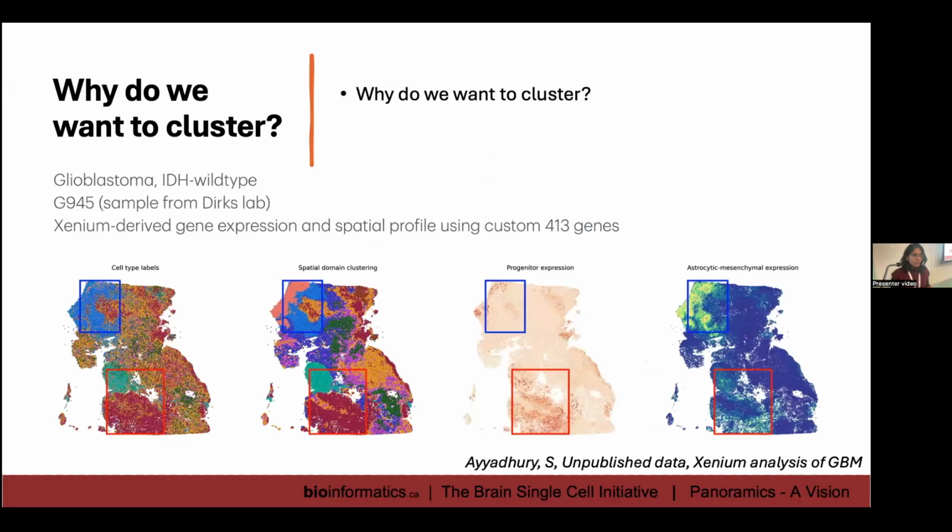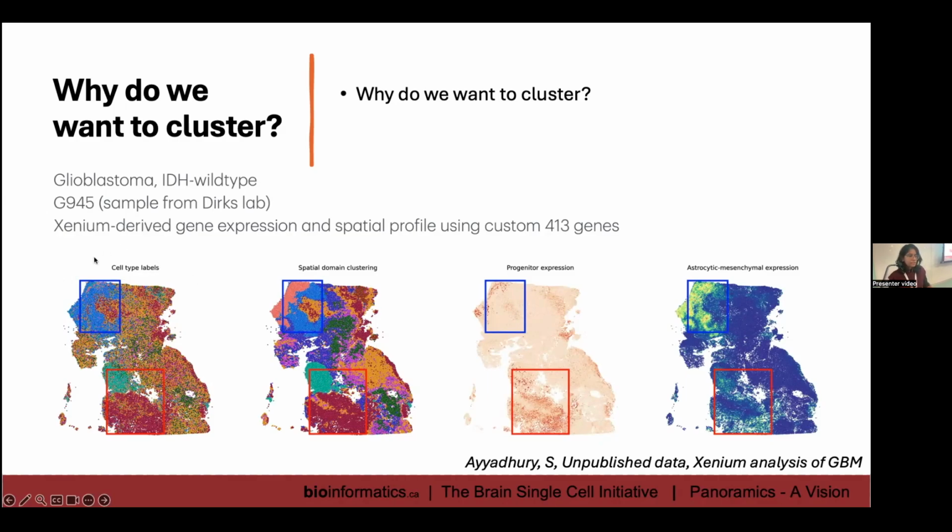So why do we want to cluster? This is work that I've been doing on the Xenium. I work on glioblastoma, and glioblastoma is very, very heterogeneous. You have cell types that are very mixed, very intermixed, very distributed. But when you look at histology and when you look at broad domains, you will find patterns. This is just an example of some of the patterns that I see.